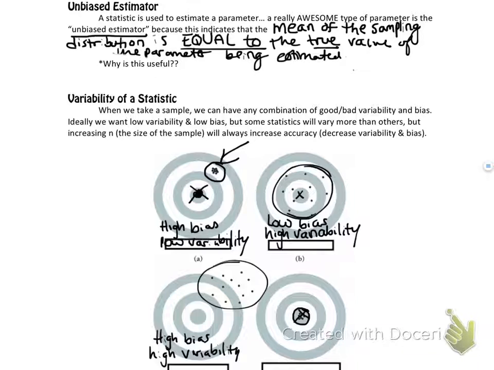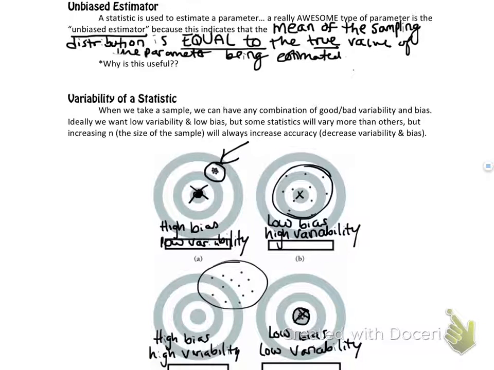It is where you want it to be and you don't have much variability. A case like this would be an unbiased estimator, where the results of our samples are pretty close to what we want, which is the true value of the parameter.